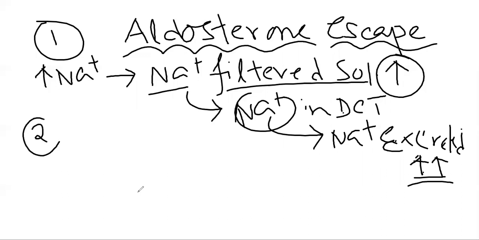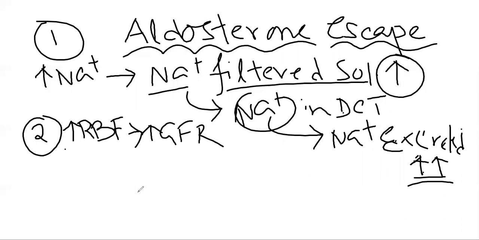Second is that if there is an increase in the renal blood flow, as well as an increase in the glomerular filtration rate. Why? If there is an increase in the renal blood flow, there will be an increase in the hydrostatic pressure of the glomerular capillary network, and that will in turn increase the GFR.